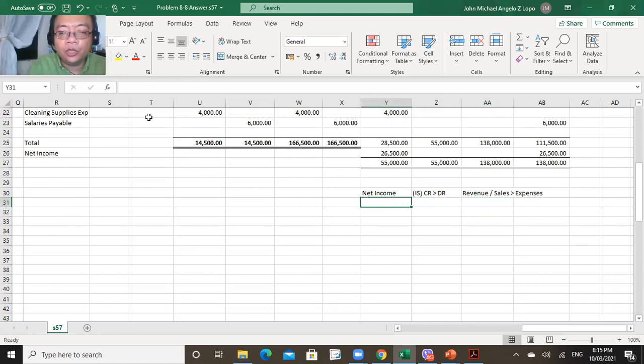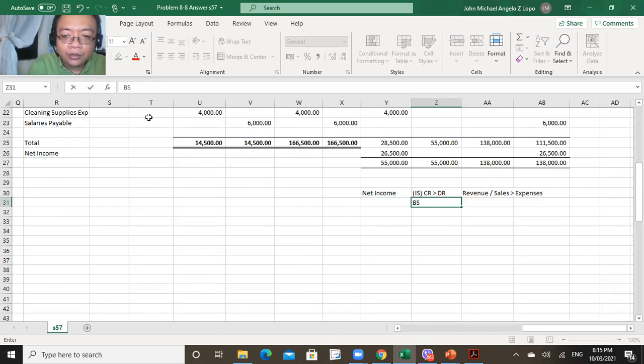All right. How about in terms of your balance sheet? How come that in the balance sheet, this is balance sheet, ha, how come that the debit here should be more than your credit para you have a net income?